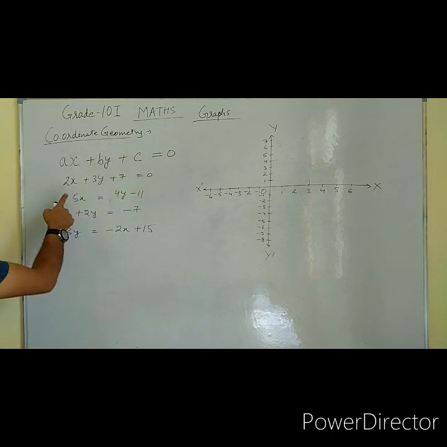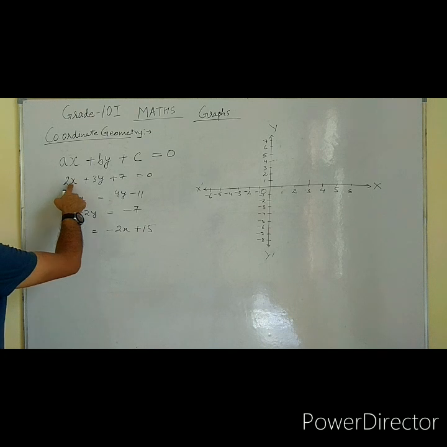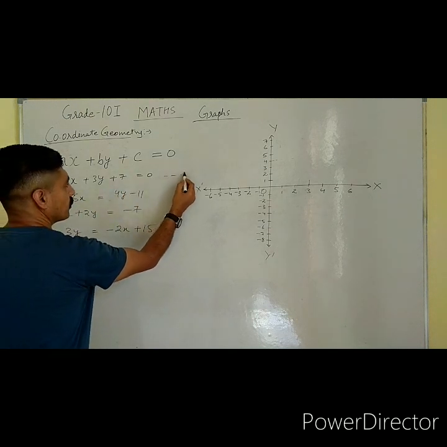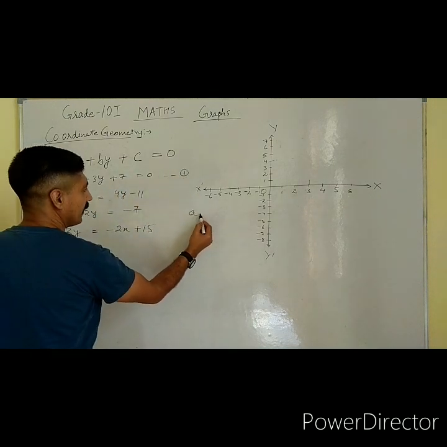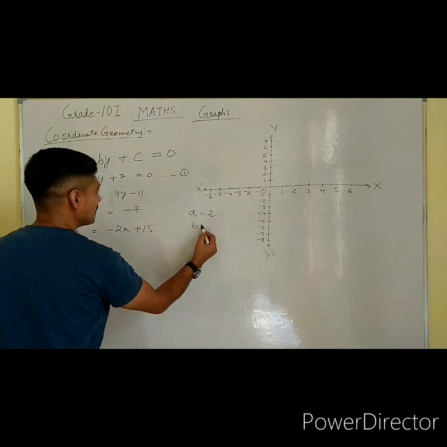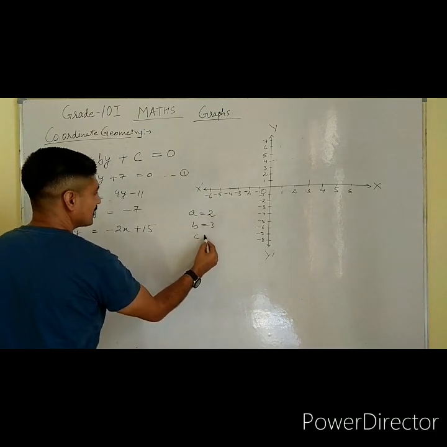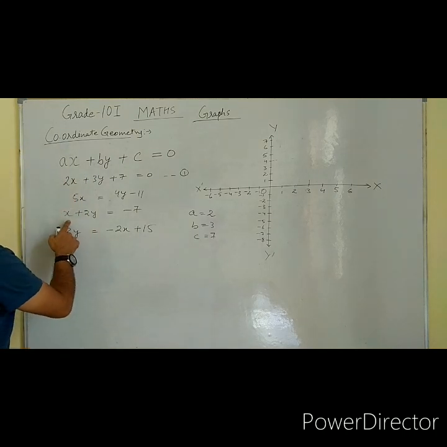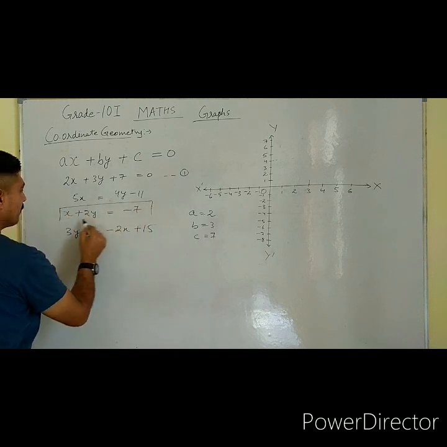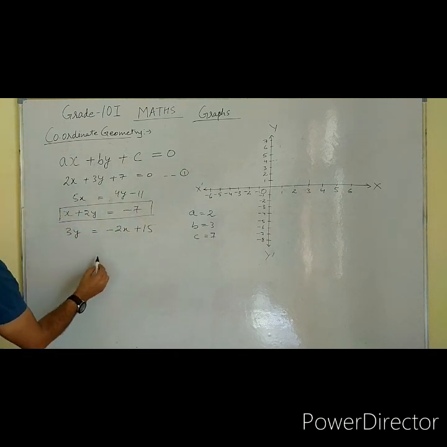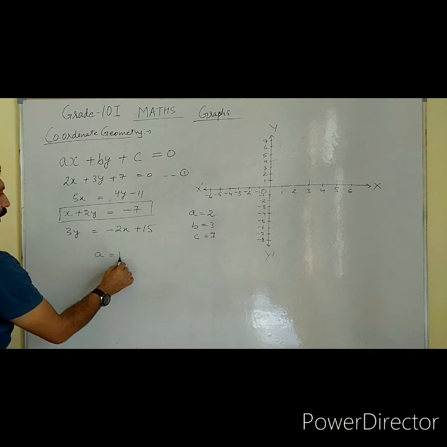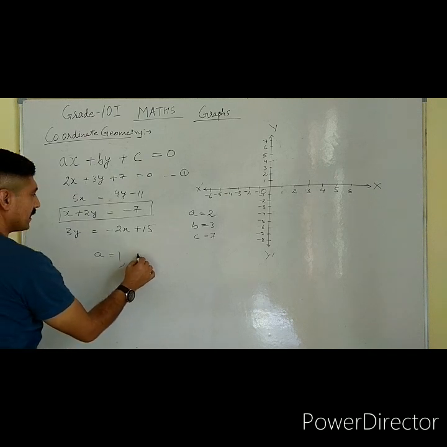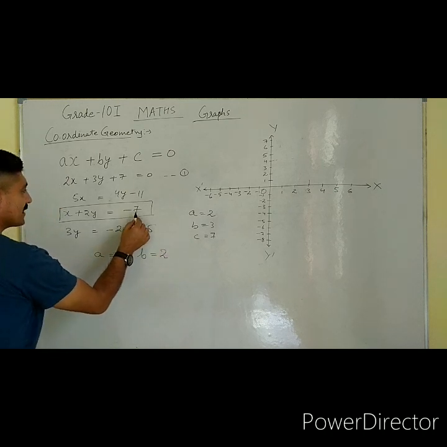So here, what is the value of a? For the first equation, the value of a is 2, b is equal to 3 and c is equal to 7. What about this equation? The value of a is equal to 1, b is equal to 2 and c.